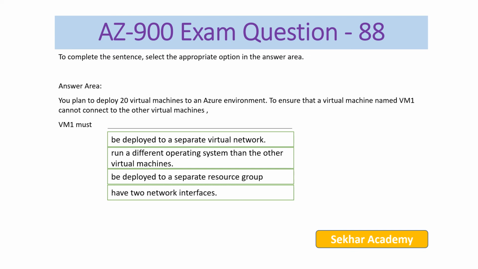To ensure that a virtual machine named VM1 cannot connect to the other virtual machines, VM1 must... The options we have: be deployed to a separate virtual network; run a different operating system than the other virtual machines; be deployed to a separate resource group; have two network interfaces. So the question says that to ensure that the virtual machine named VM1 cannot connect to the other virtual machines, the right answer is VM1 must be deployed to a separate virtual network.